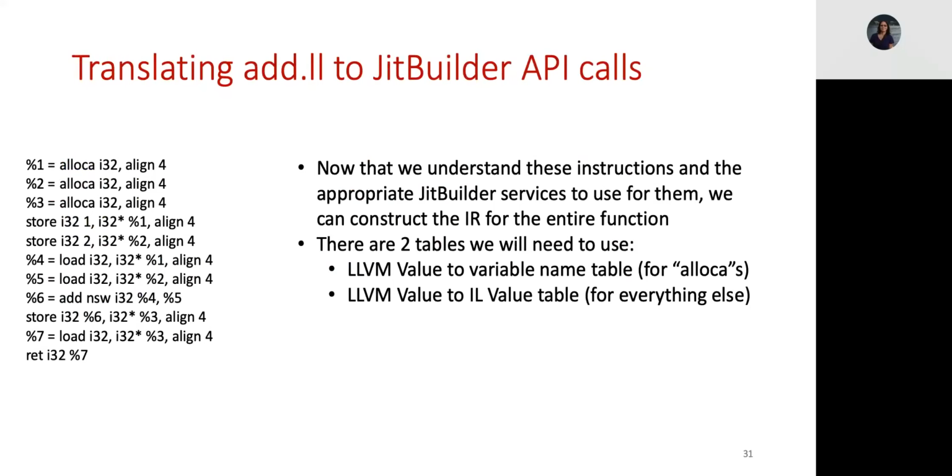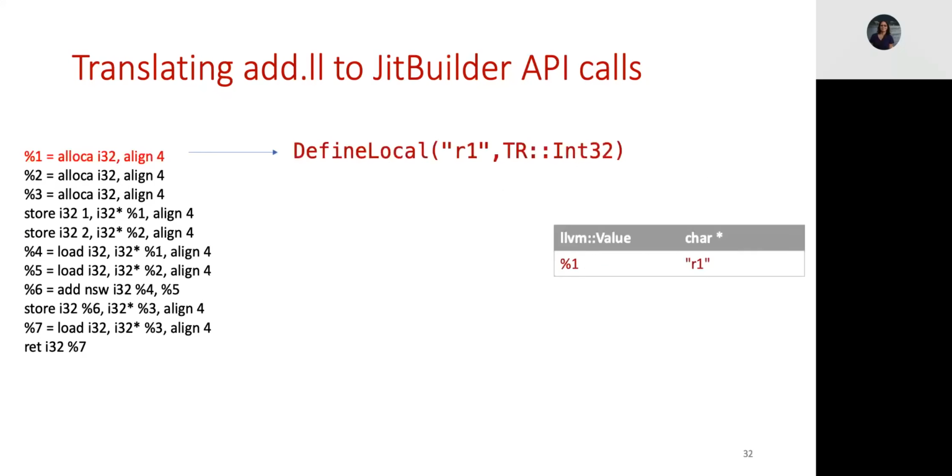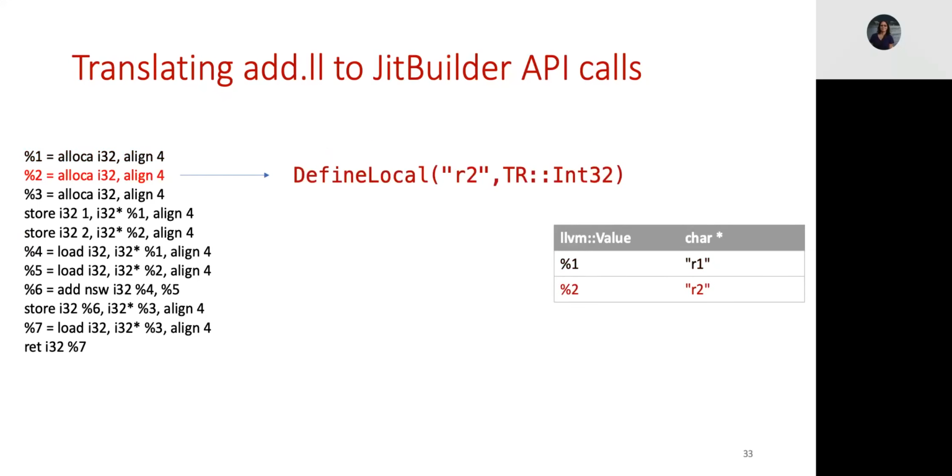One is the LLVM value to variable name table for the allocate instructions. And for everything else, we have a mapping of the LLVM value to the IL value table. So let's look at the first one. For %1, define local, and we generate a name for that variable, R1. And then we map %1 to the name R1. And then the same for the others.